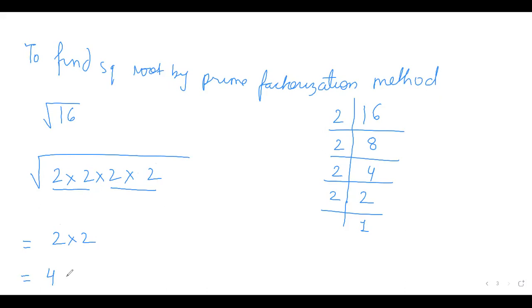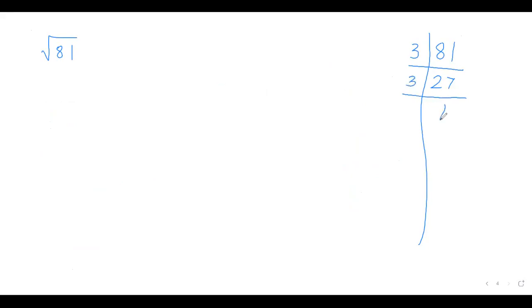Now I will take another example. If I want to calculate the square root of 81, I will do the prime factorization of 81. I keep dividing it by prime numbers. If I divide it by 3, I get 27.